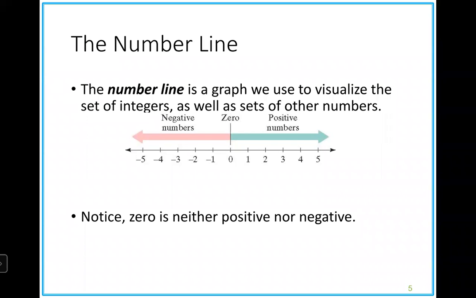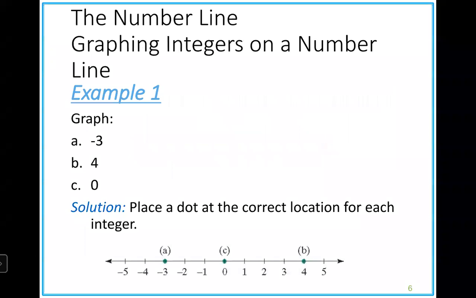We could also use it to graph results for problems that we are solving using integers. You'll notice here that it says the 0 is neither positive nor negative. It's considered neutral. So to the right of 0 is positive, to the left of 0 is negative, but 0 is neither positive or negative.